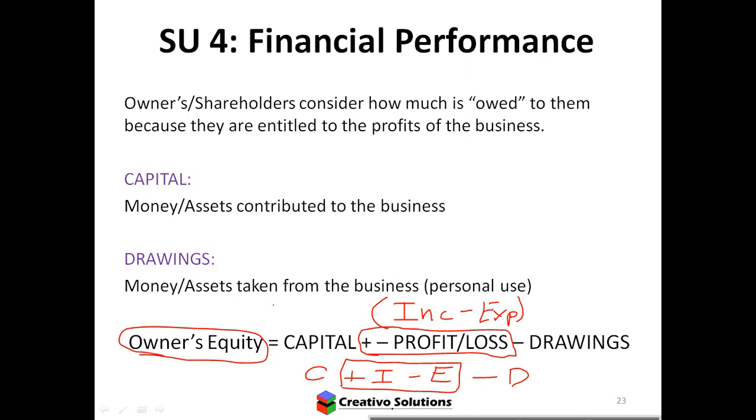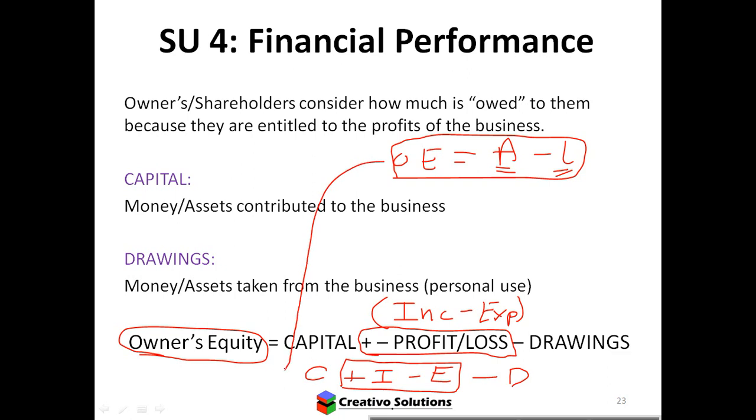And then you've also got this one, owner's equity equals A minus L. This is relating to the assets that you have compared to the liabilities that you have. Are these 2 amounts going to be the same? Yes.